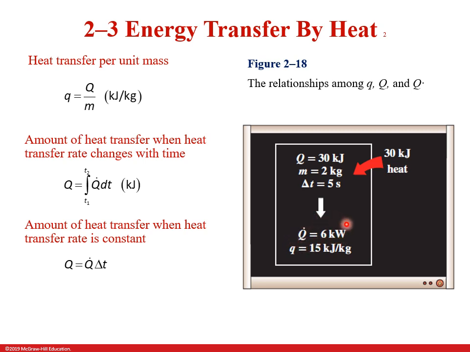That's 6 kilojoules per second, 30 divided by 5. And then we divide the 30 kilojoules by mass, we get 15 kilojoules per kilogram. That's little q. To find little q, we divide big Q by the mass. That's 15 kilojoules per kilogram. To get Q dot, we divide it by the time. That's 6 kilowatts, or kilojoules per second.